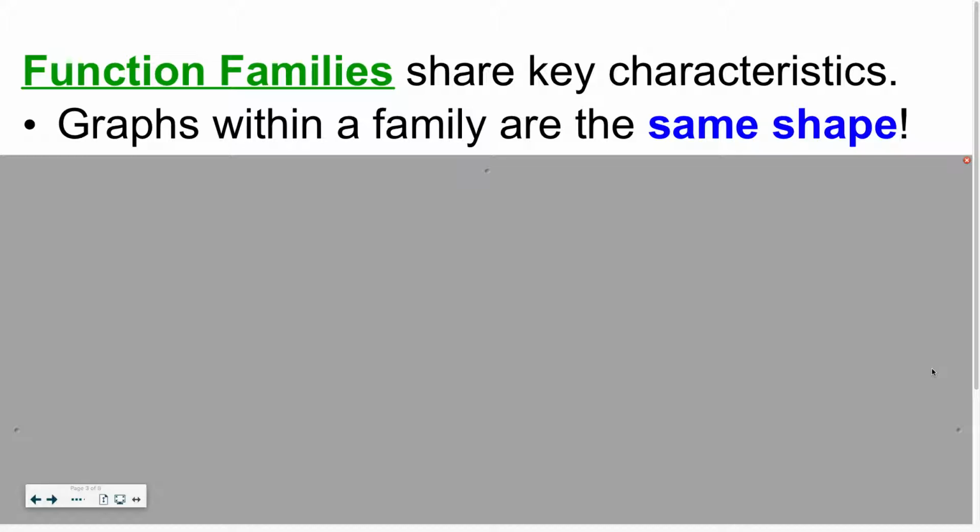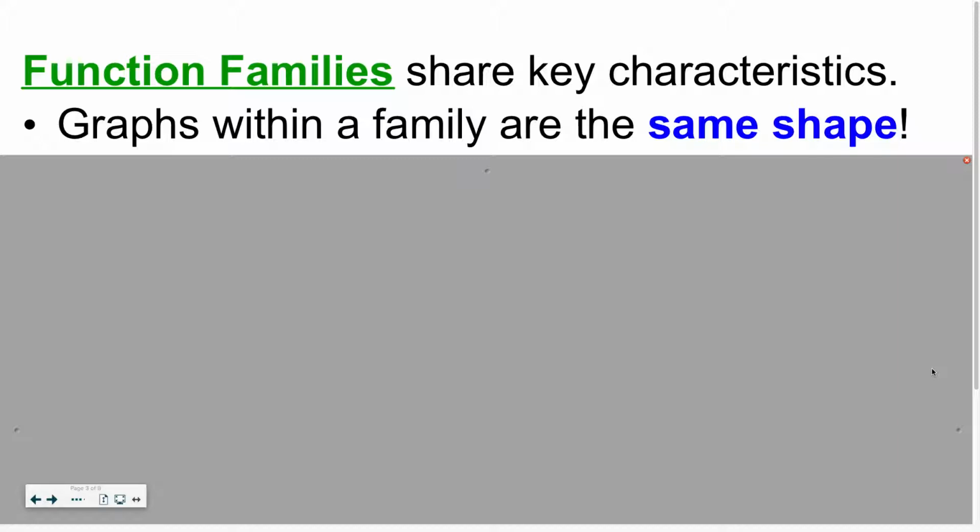So function families. Why are we calling them parent graphs? Because they're the parents to the family of functions. If we relate that to a family as we understand it with two biological parents, their children share DNA with those parents.